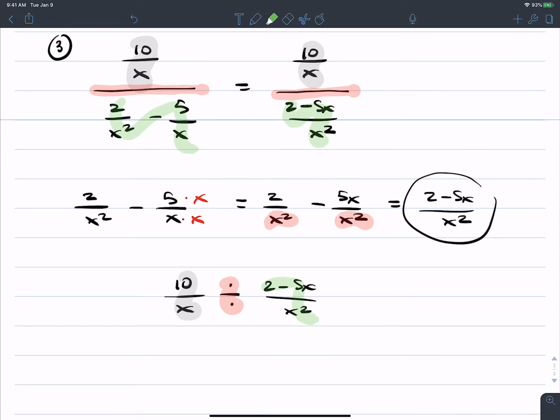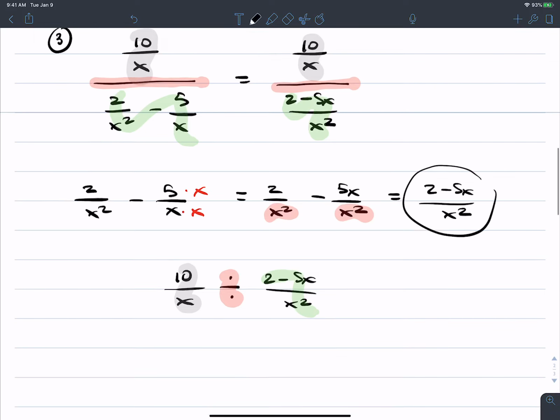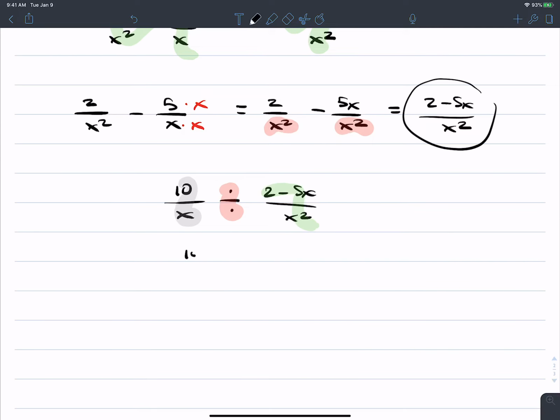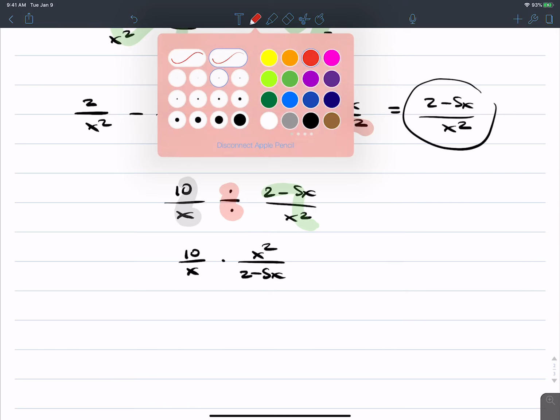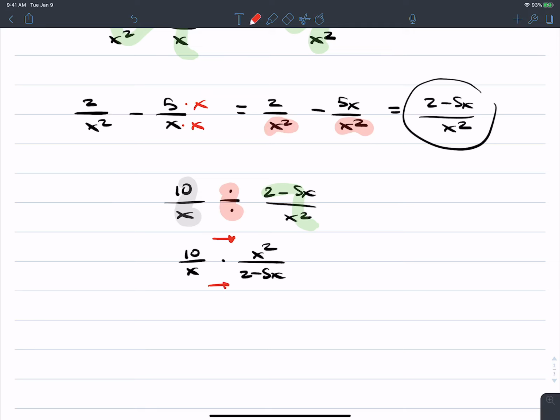So you just simply rewrote your vertical division horizontally, and now we keep the first fraction the same. We flip the second fraction over, and again now we multiply horizontally across.